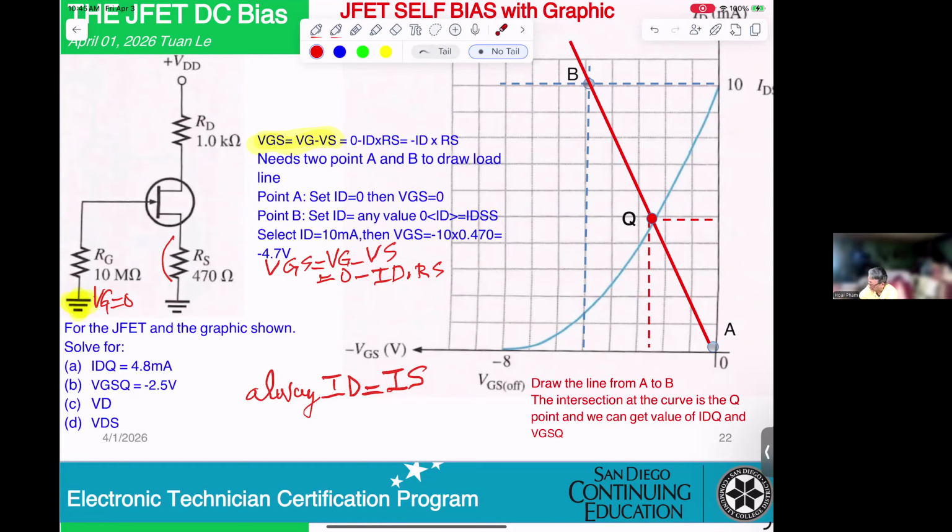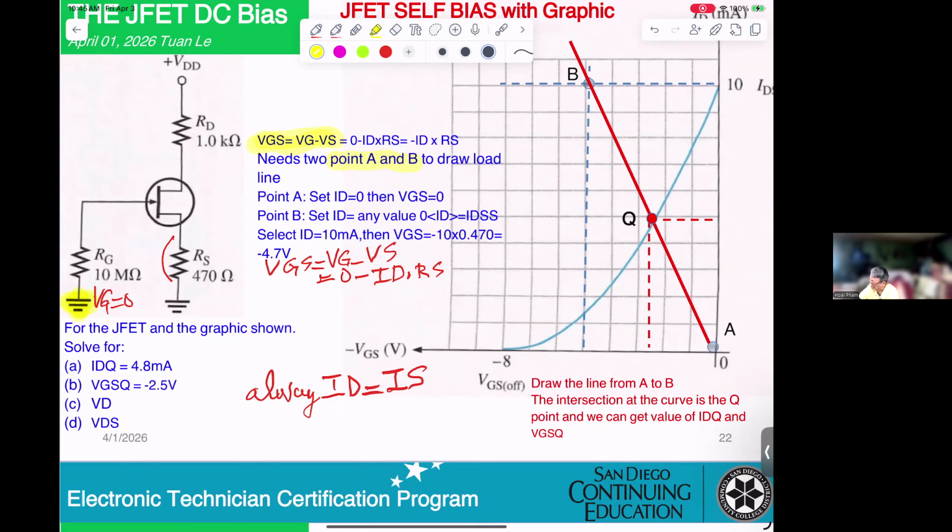So, first thing, you need two points to draw the line in order to get the Q point, points A and B to draw the line.